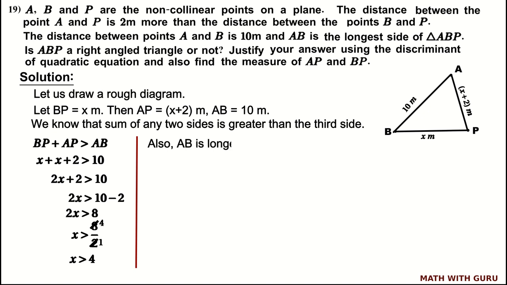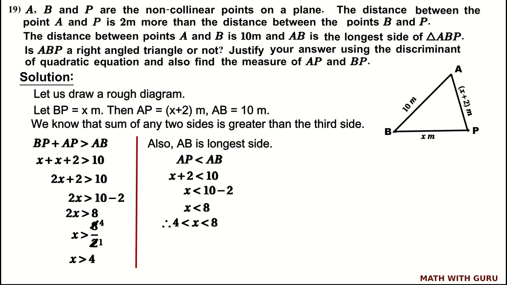Again, AB is the longest side. Out of x and x plus 2, x plus 2 is the longer side. This side, x plus 2, must be less than 10. That is, AP must be less than 10. x plus 2 is less than 10. x is less than 10 minus 2. x is less than 8. x is greater than 4 and x is less than 8.